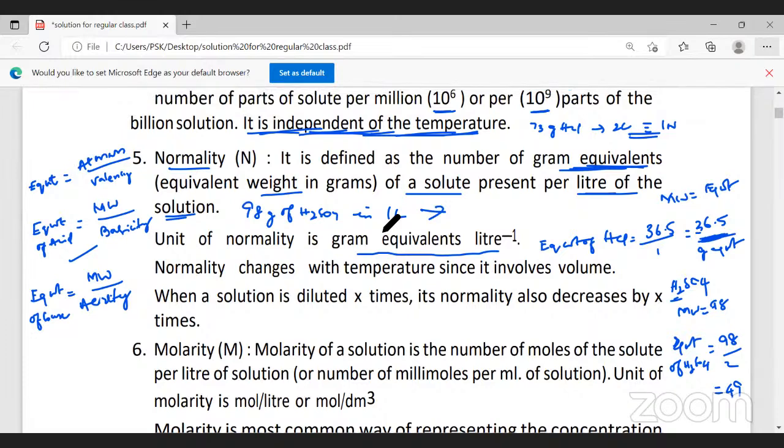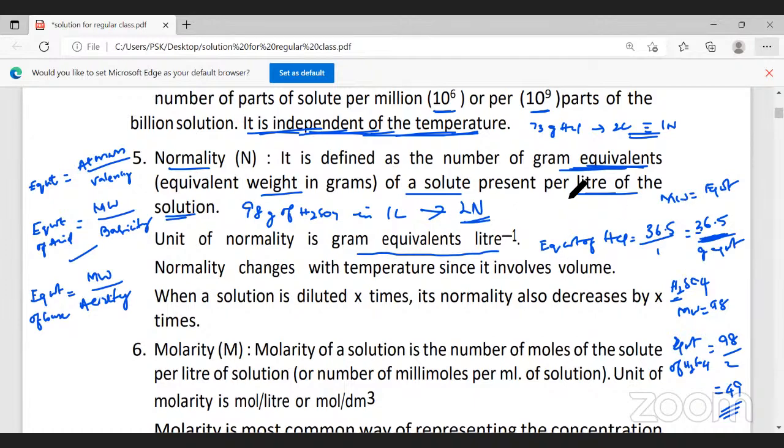What's the equivalent mass of sulfuric acid? It's 49. That means 98 grams is how many equivalents? Double the 49. That means 2 gram equivalents. 2 gram equivalents in 1 liter will be called how many normal? 2 normal, sir. Followed or not?